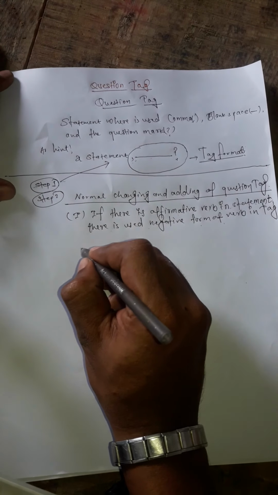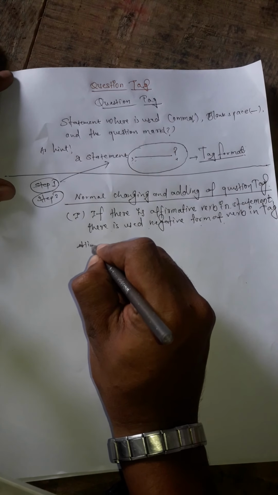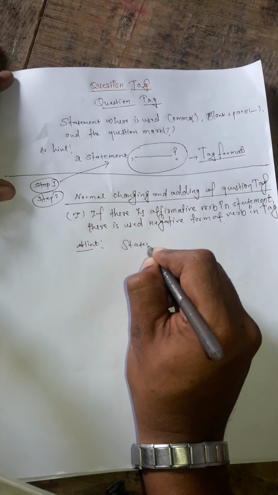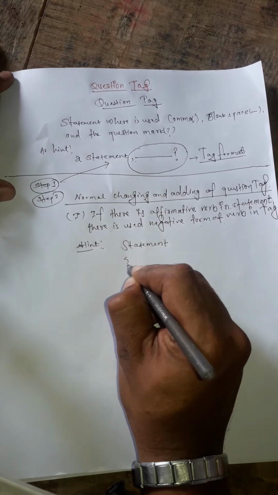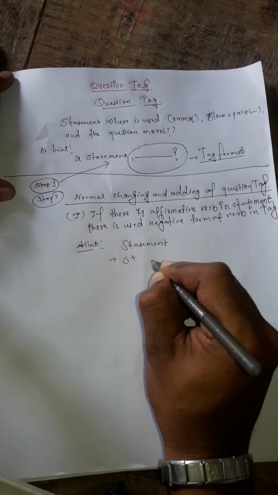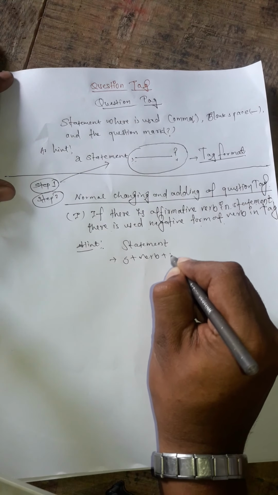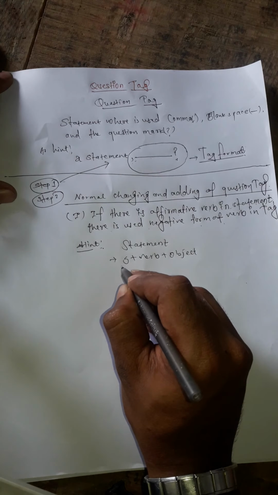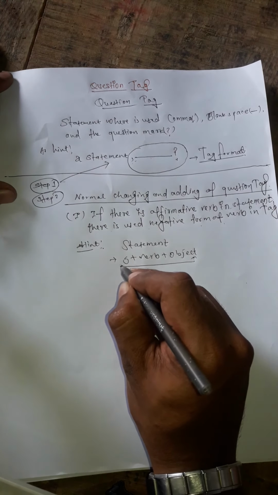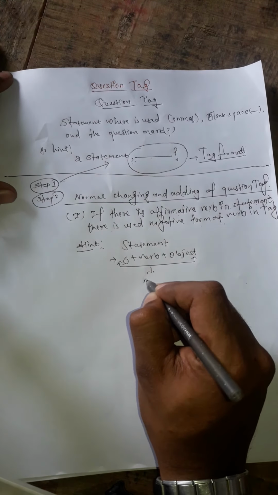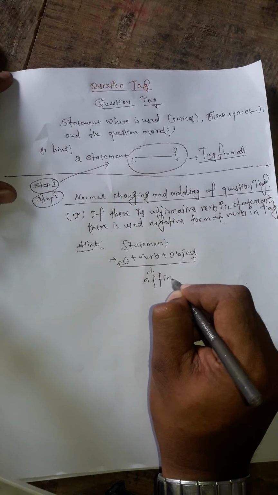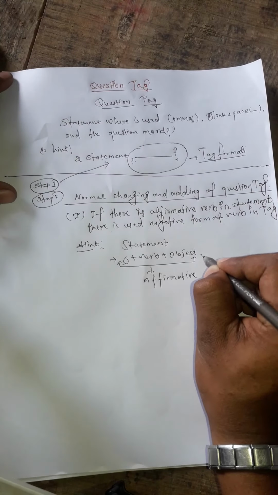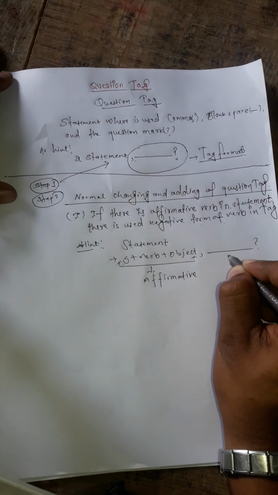That means, as a hint, you can see here a statement, that means subject plus verb plus object. It must be, if the statement is affirmative, then we have to add the question tag.